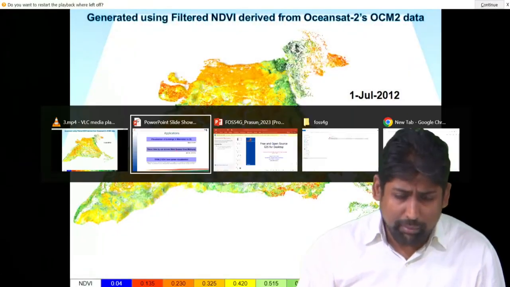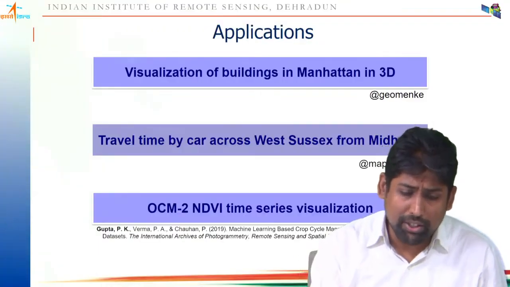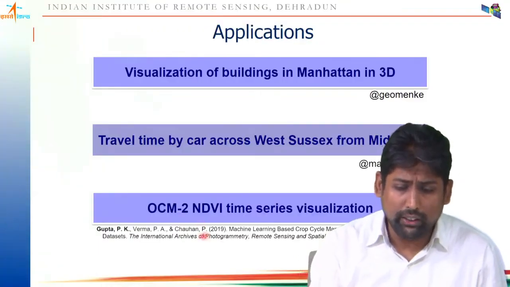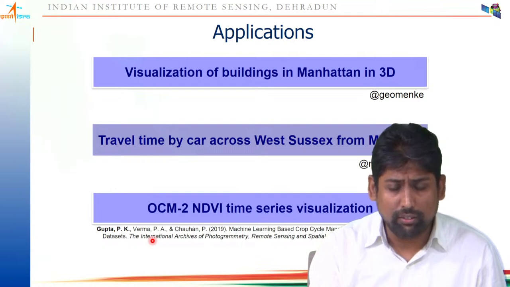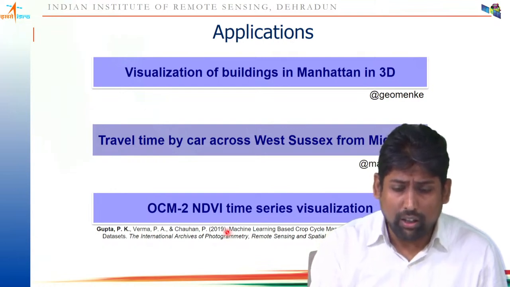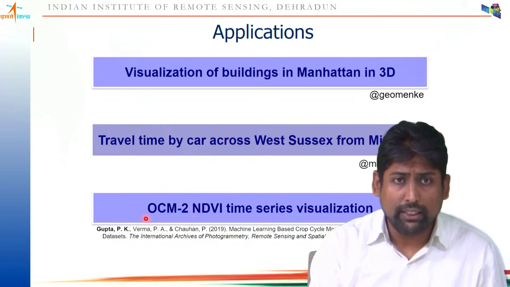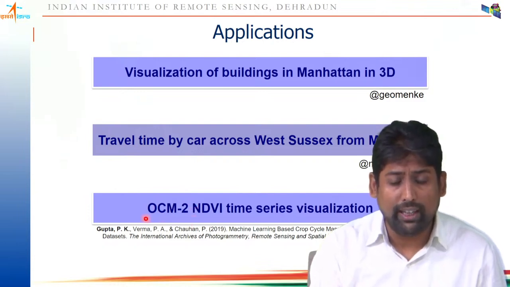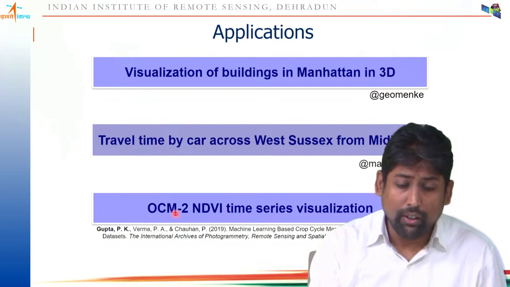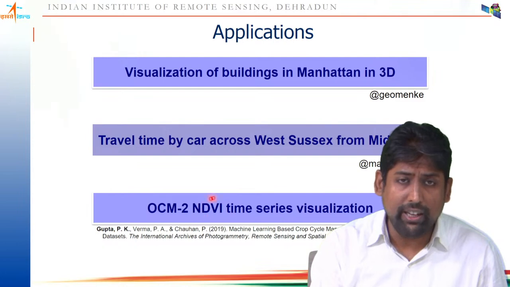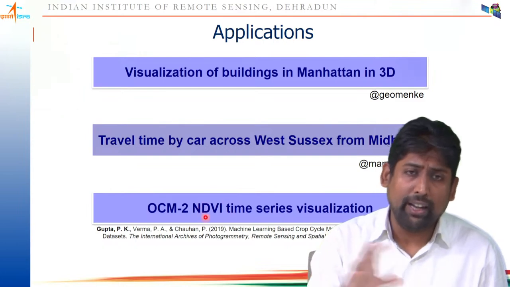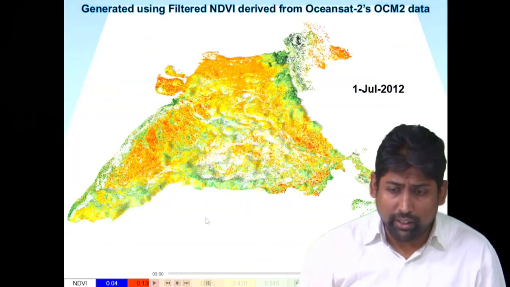The last example is actually from a published paper in an ISPRS conference on how we have used OCM2, which is a sensor on board the OceanSat satellite of ISRO. And with this data, we've taken the NDVI data and we've created a time series visualization over India.